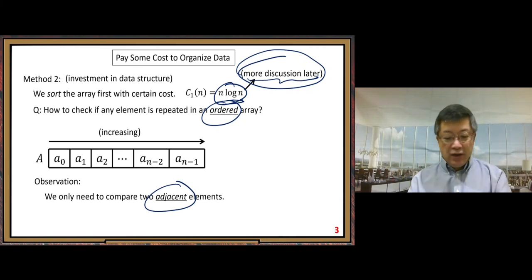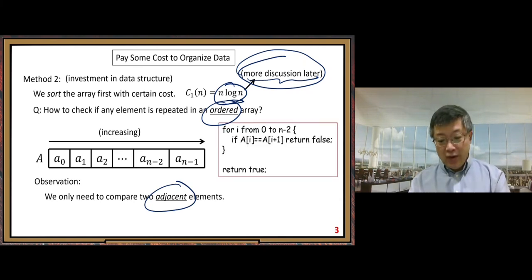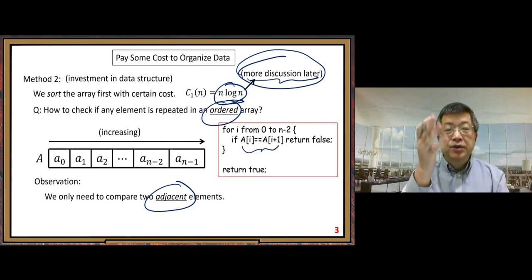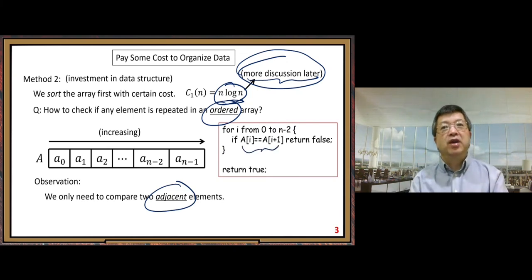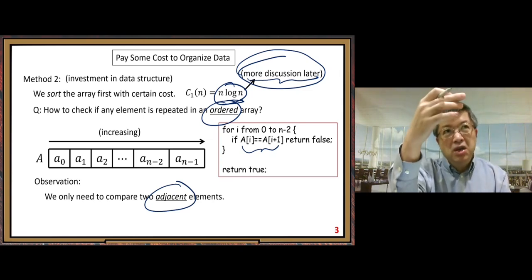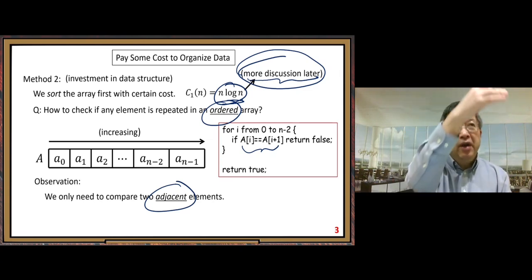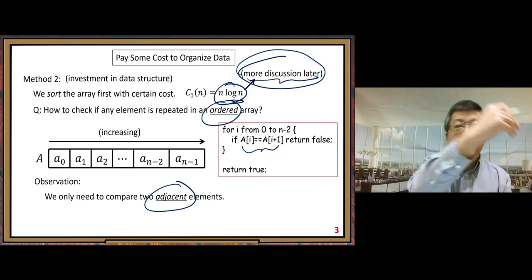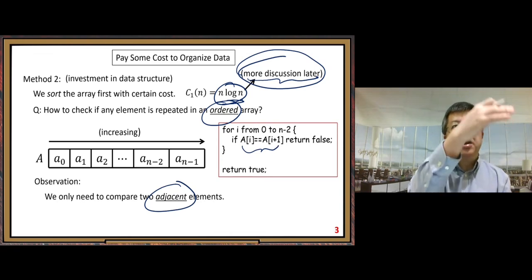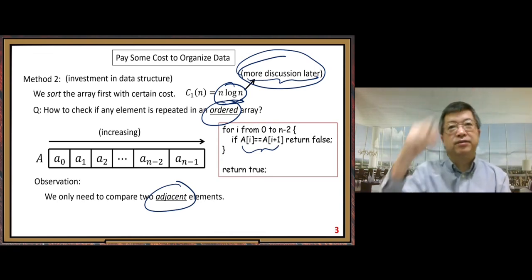To do that, it is very simple. We use a for loop and we just compare two adjacent elements. If they are the same, return false. False means the elements are not distinct in this array. True means the elements are distinct in this array.